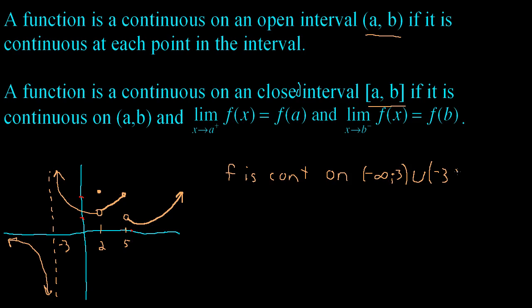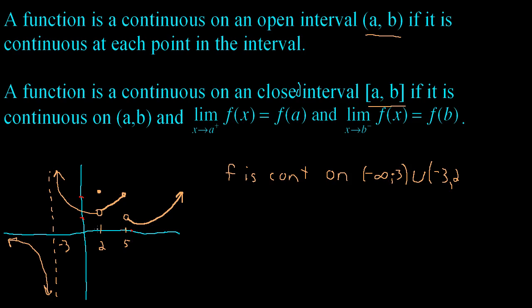Again, I ask you this question. Do I get a bracket here that includes 2, or a parenthesis that doesn't include 2? Remember, to talk about continuity at endpoints of an interval, the limit of the function as you approach that number should equal f of that number.